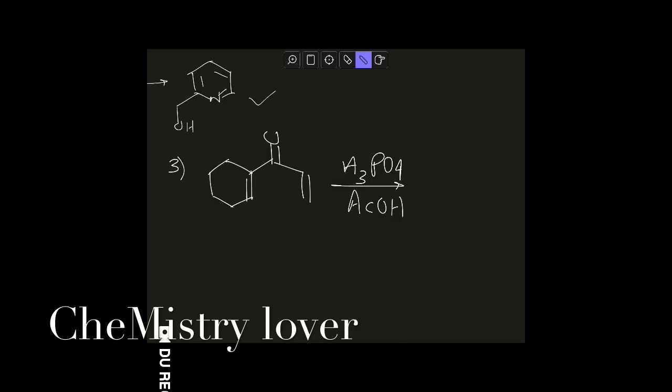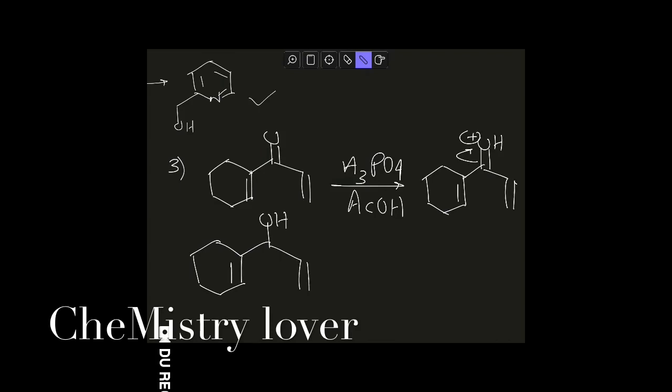So no doubt in the first step the protonation of the carbonyl group will take place. So you will have protonation over here. Now if this bond opens after the protonation, you will get something like this OH, and here you have the positive charge. Now if you look carefully, here a cyclization can take place, you can see.